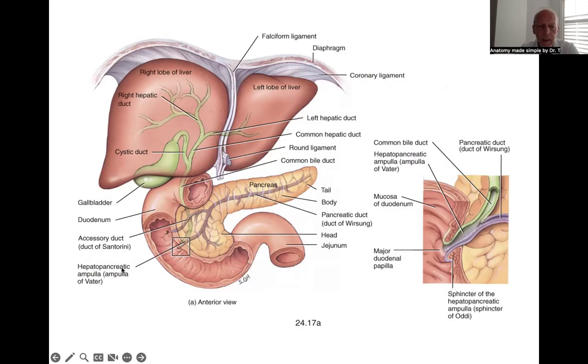There are two openings, one which is called the major duodenal papilla, and the other one, slightly more proximal, the minor duodenal papilla. So this one is minor, this one is major. And as you can see, the illustrator made the pancreas look more transparent.